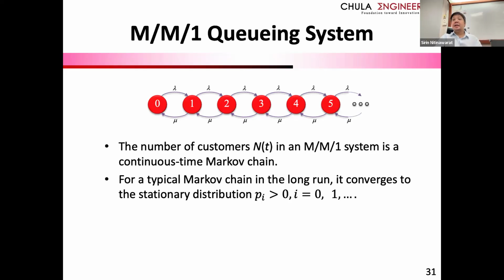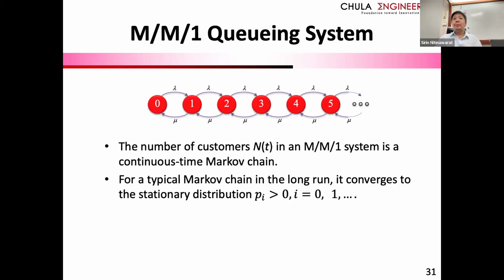These are called stationary probabilities. These are the long-term probabilities P_i for all the states. You can think of this probability as the frequency on average that the system will be in that state. So it's still a probability, and they have to sum up to one. Okay.